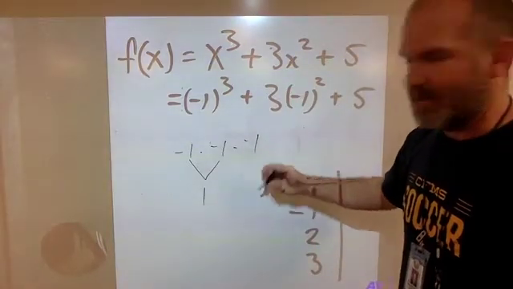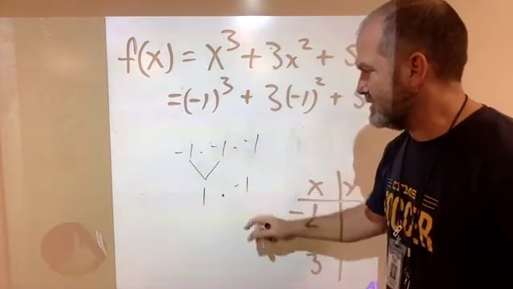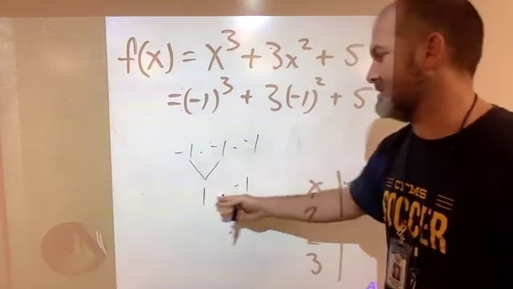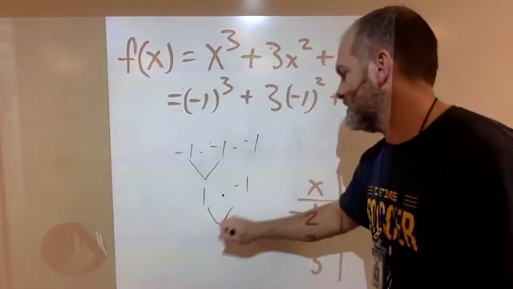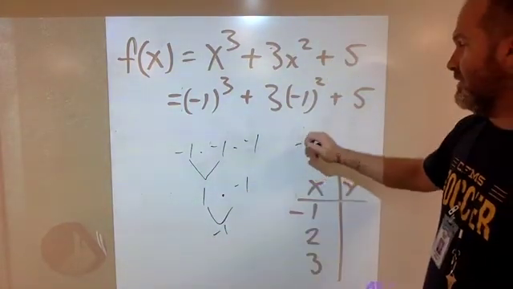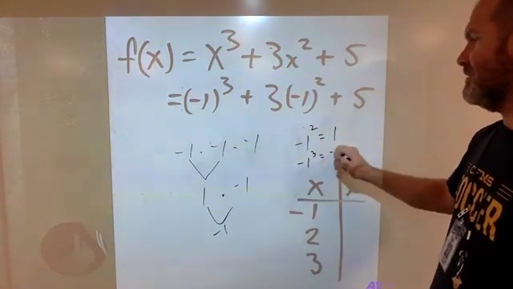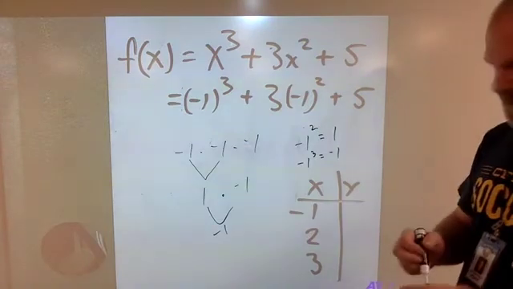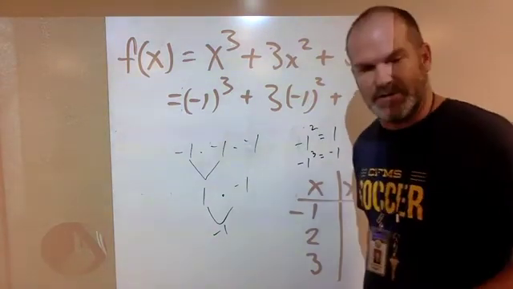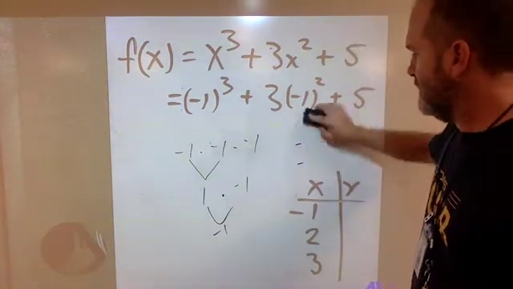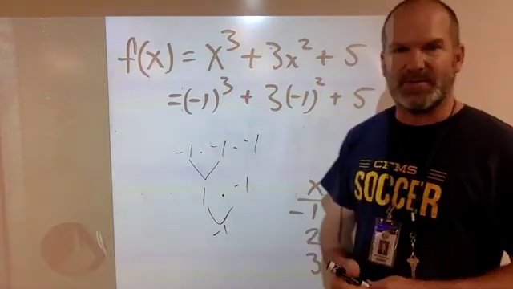That third -1, the odd one, is going to flip you back to negative because a positive times a negative is a negative. So -1 squared is +1, but -1 to the third power is -1. So you got to be careful on that. Make sure you're paying attention to your detail and your exponents.